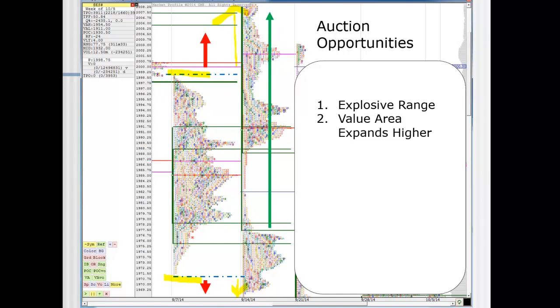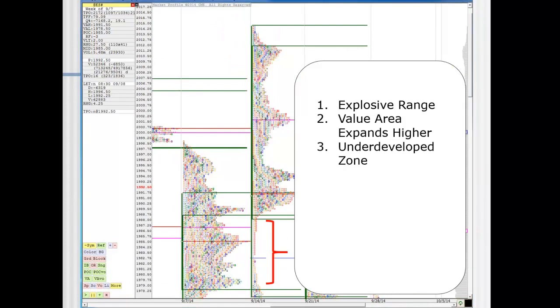Let's take a look at what the market is telling us and showing us through the auction. First of all, we have a very big underdeveloped zone right here in the auction, and this is an incredibly important development.